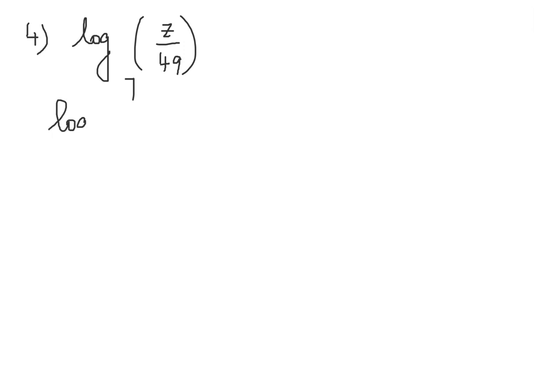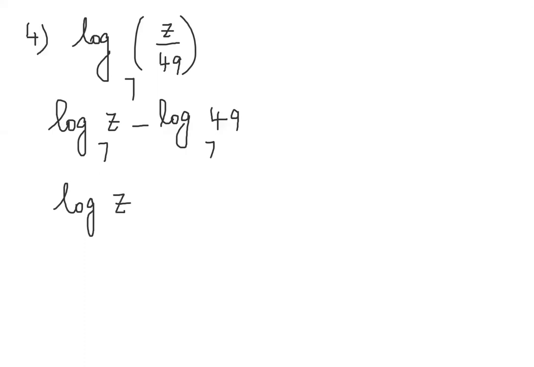Next, problem number 4. Again, we are going to use the quotient property. To the base 7. So this is going to be log z. Since it's division, we have to subtract. So it's going to be log z to the base 7.